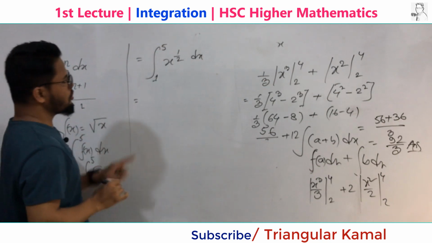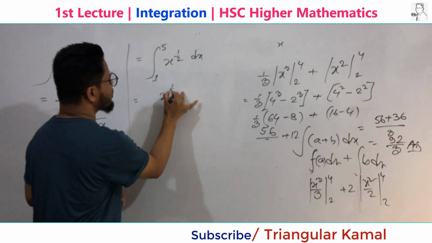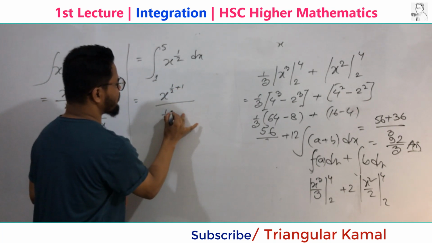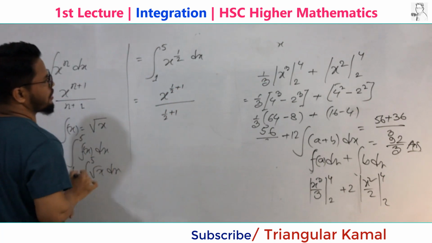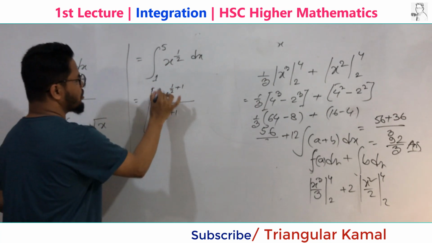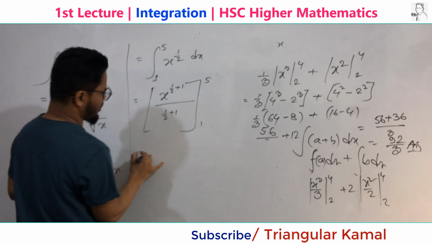Now using the common formula, this is the power, so you can write the power plus 1, then the denominator will be 1 plus half divided by 1, and now our integration is complete here. Now use the integration limit 5 and 1.